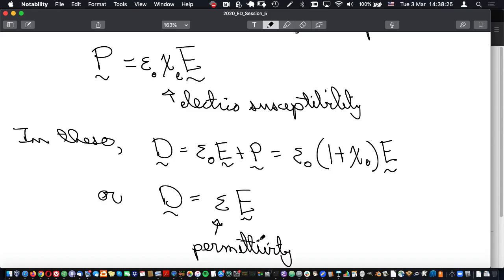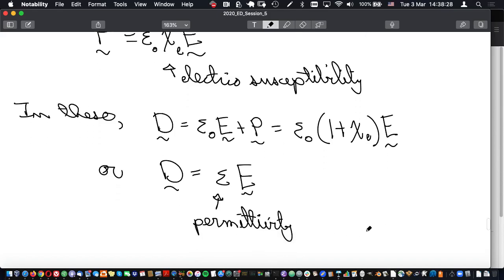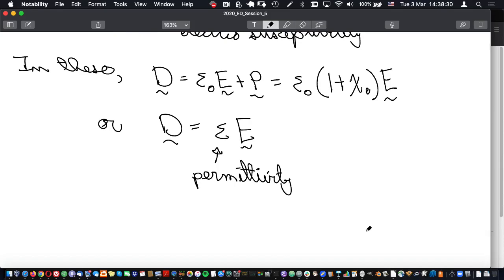Which I find a less well-chosen term, but unfortunately I can't change history. That's what it is. Nota bene, if you have the ratio of the permittivity to the vacuum permittivity, this is epsilon r, the relative permittivity.